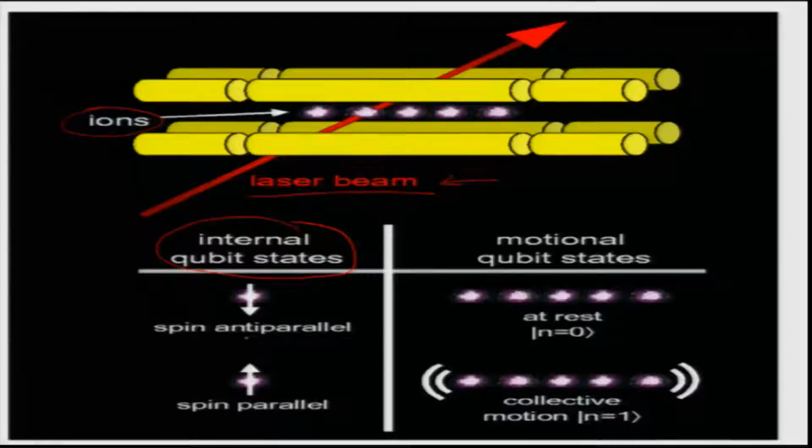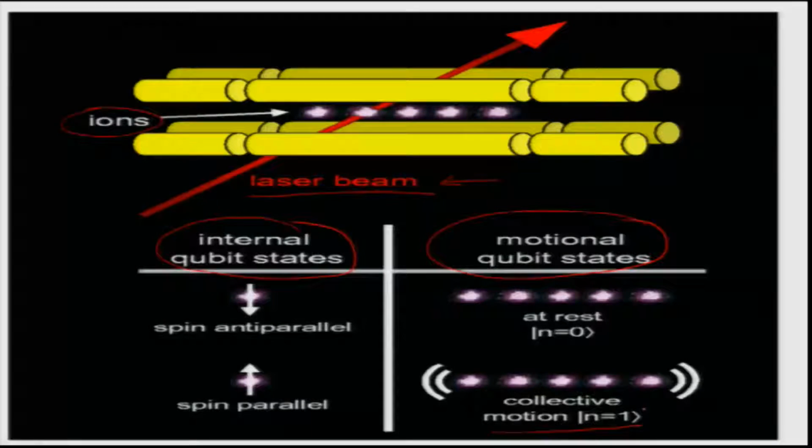If the spins are anti-parallel or parallel, they could be our qubit states. It could also be our motional qubit states, which could be at rest or collectively have a motion, which could be another kind of state.